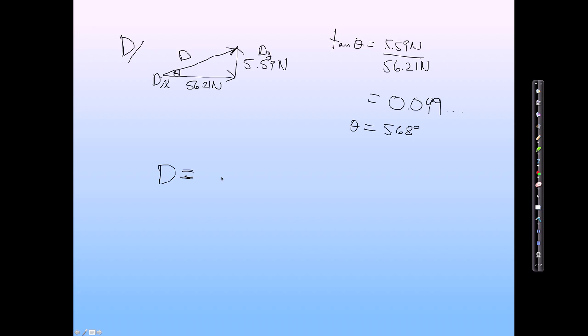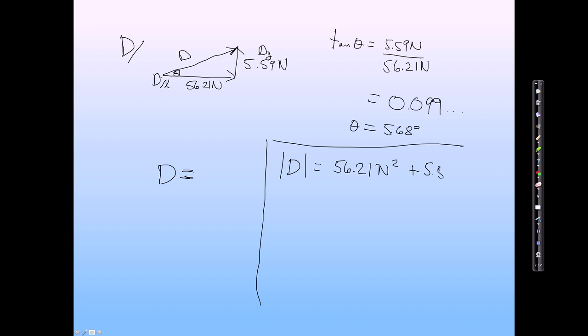According to Pythagorean theorem, the length of D will equal 56.21 newtons squared plus 5.59 newtons squared, and D will equal the square root of that.